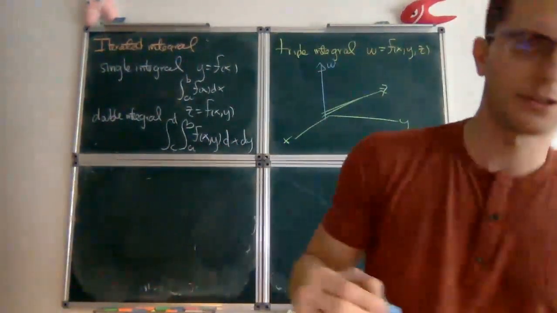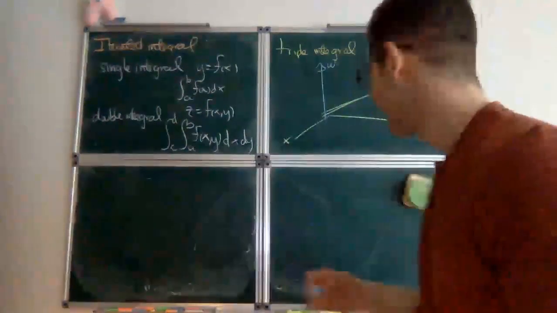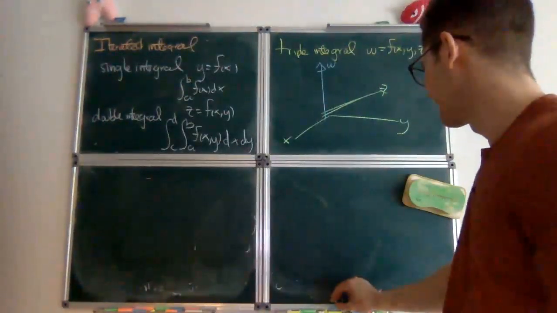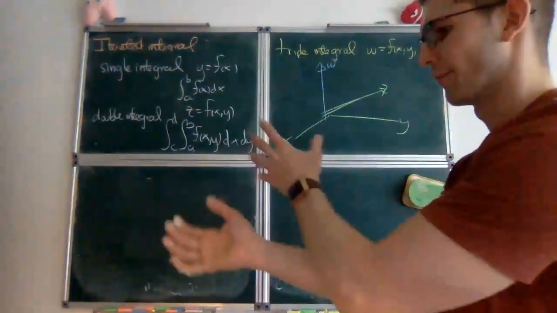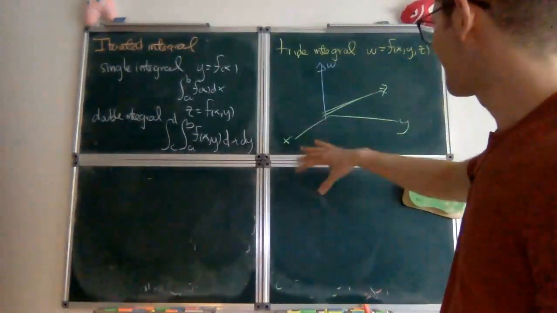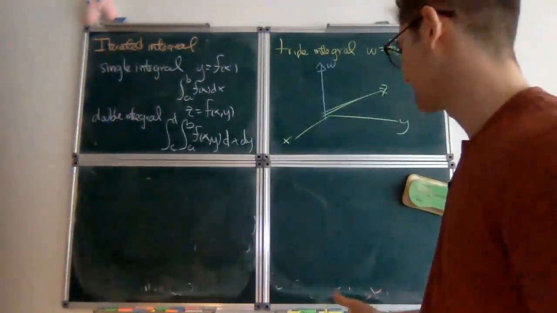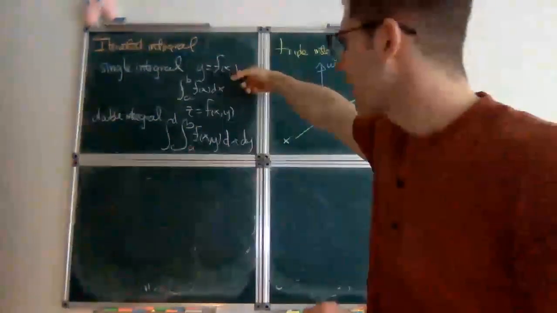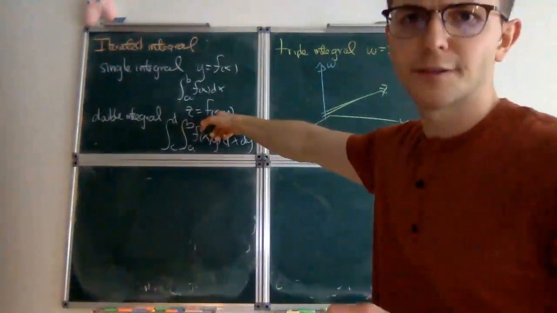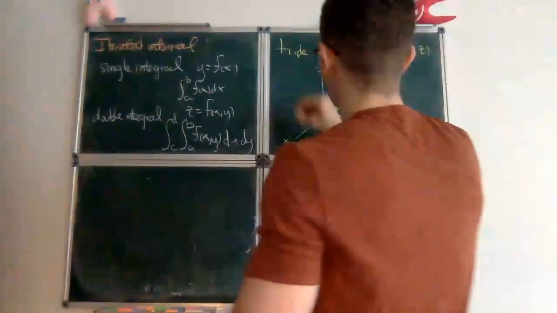The problem is that I cannot really represent that on the blackboard, not even in free space. If I were trying to draw it physically, you imagine you have three axes for the independent variables, a fourth axis for the dependent variable, and then here you had a curve, here you had a surface, so the graph now looks like a 3D thing here.